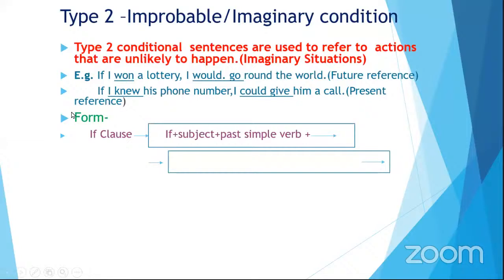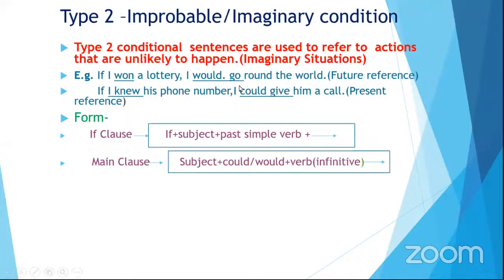Please do take a screenshot, or write it down, at least type 2, then one example. The form plays a very important role when it comes to constructing sentences. Look at the main clause once again. Main clause, it has a subject.